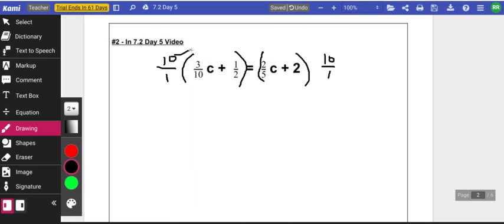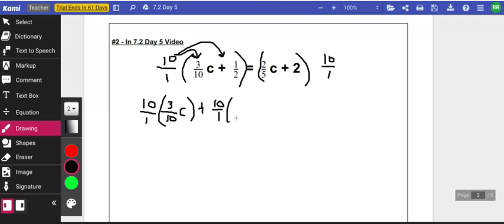So let's distribute 10 times 3/10 c. So I have 10 over 1 times 3/10 c. Don't forget your variable. I also have 10 times 1/2. So positive 10 over 1 times 1/2. I'll go back later and cross simplify them.